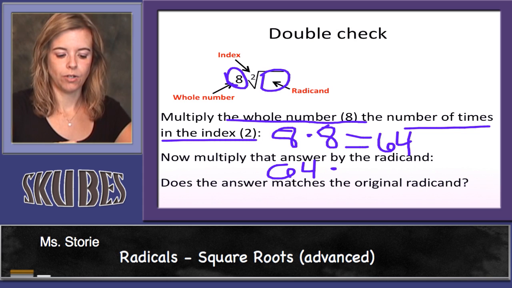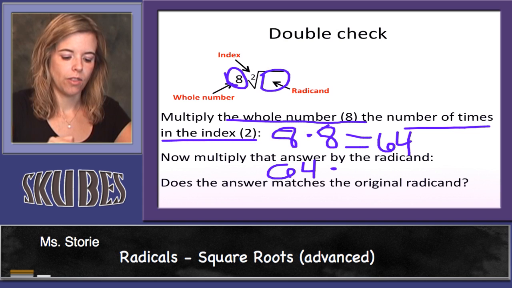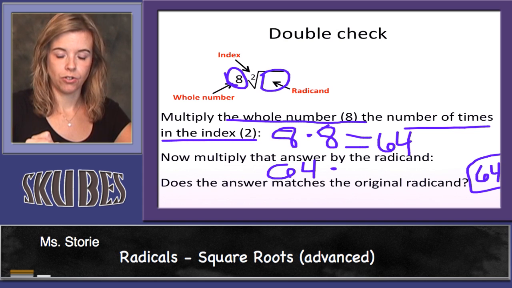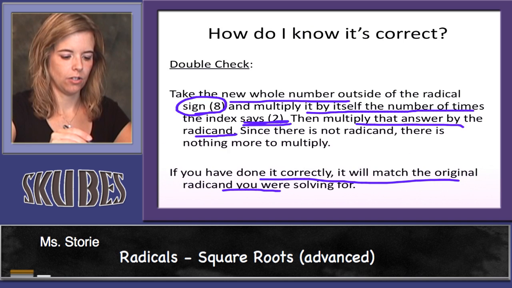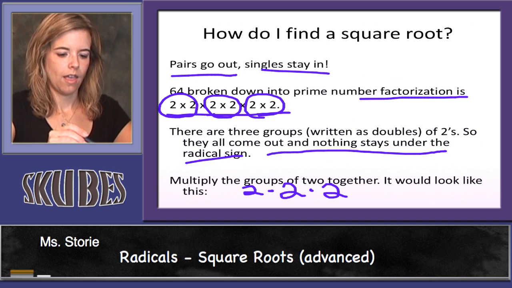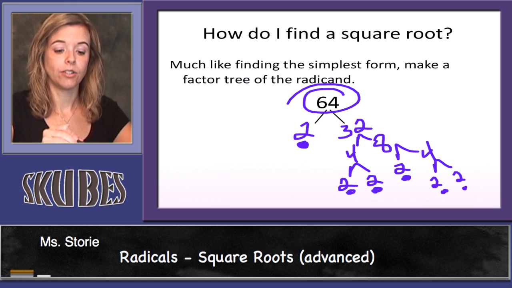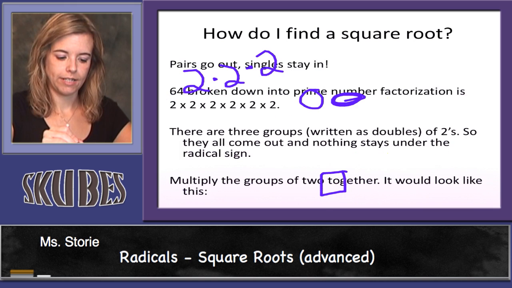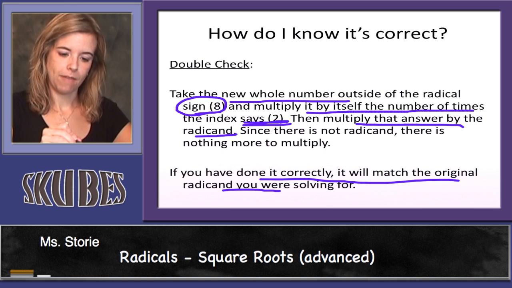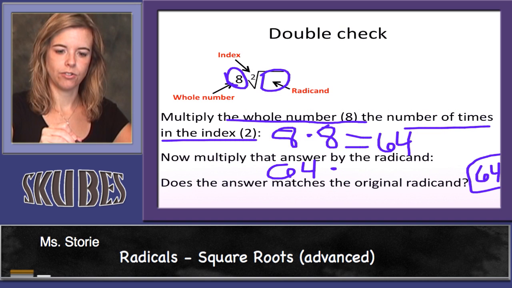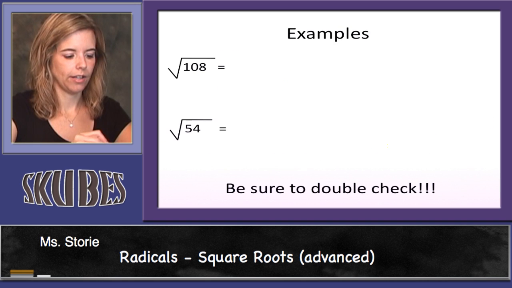There's nothing there, so we don't have to multiply by anything. So this answer of 64 should match our original radicand. And let's go back and take a look. We had 64 was the number we were trying to break down, so that is correct. So how we broke it down to equal the answer 8 matches when you double check, so that means our answer is correct.